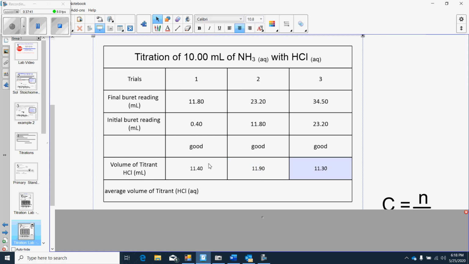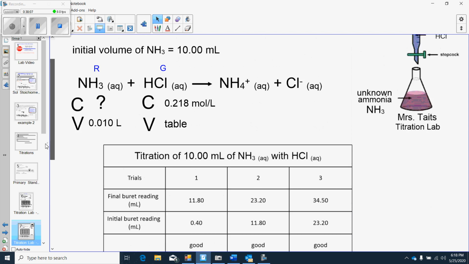So subtracting, but then taking the average. Add, divide by 3, and our average works out to be 11.53. Now that's in milliliters, so be careful. We're going to have to convert that.